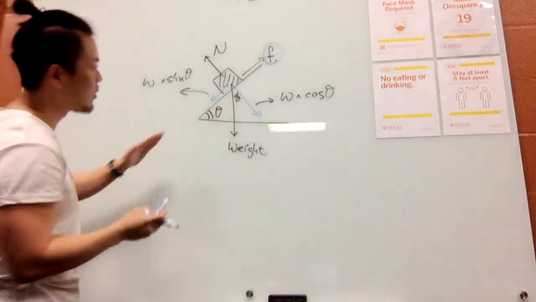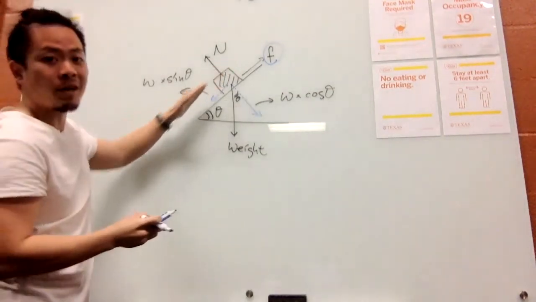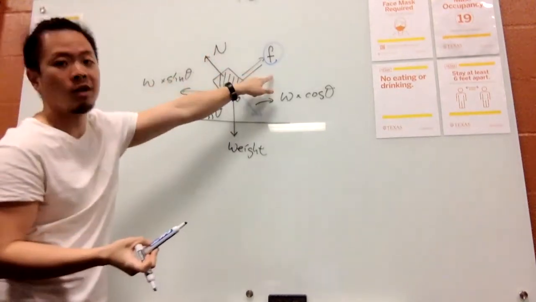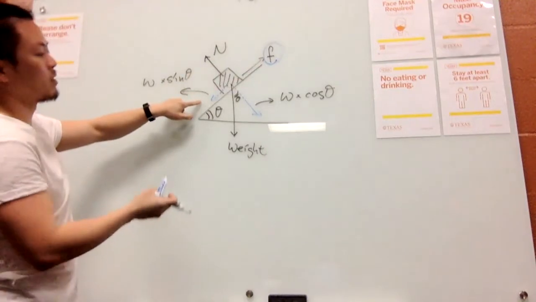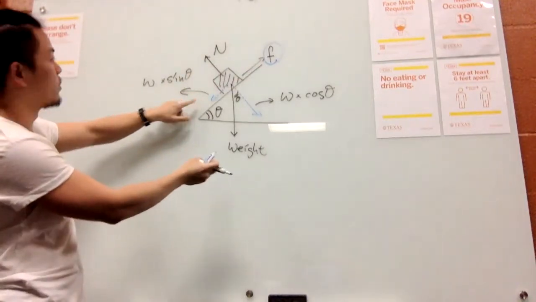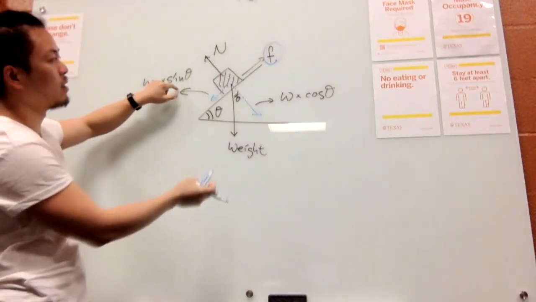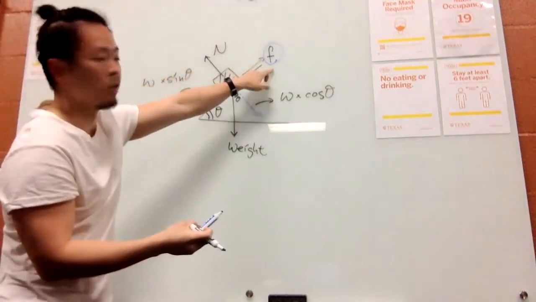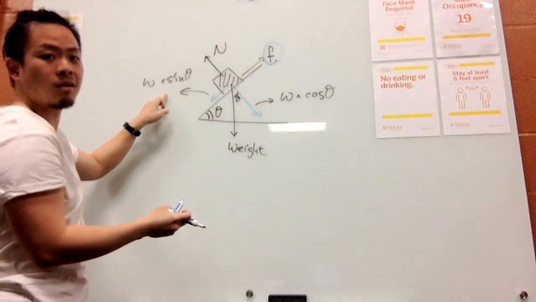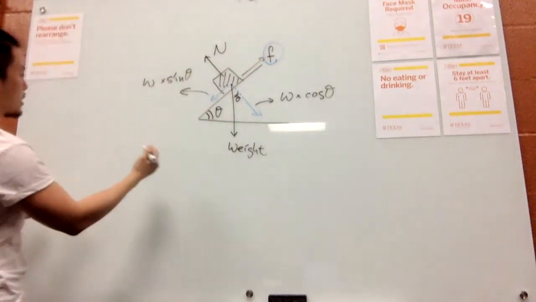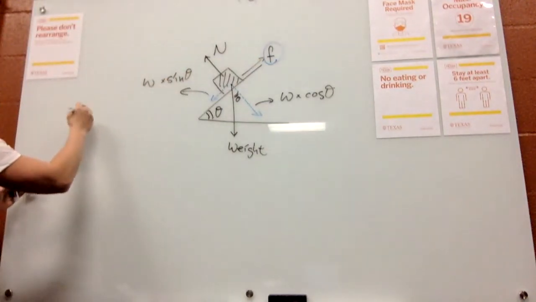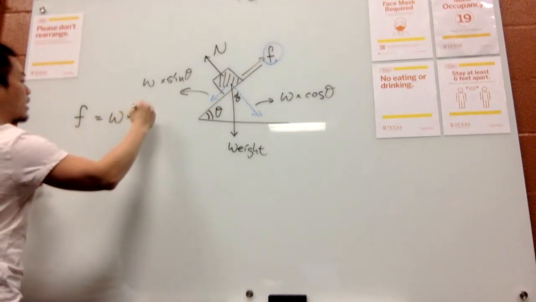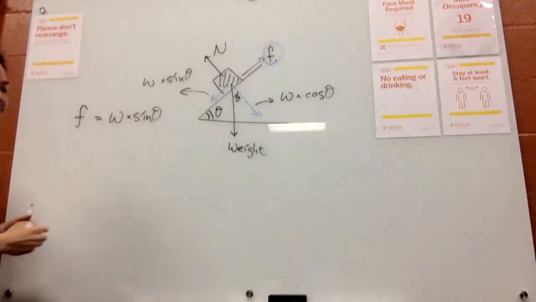On the direction parallel to the friction, there are two forces. One is friction, the other is the part of the weight, which is weight times sine theta. And when it just starts to slide down, this force should be the same as this force, right? So we can list it up. Friction equals weight times sine theta.